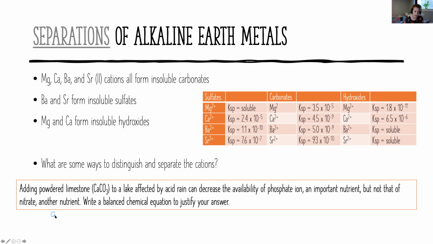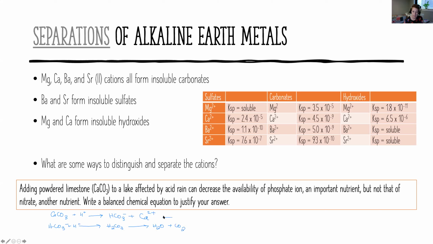So if I have CaCO3 and I have some sort of acid in solution, then what I'm going to form is HCO3 minus and calcium 2 plus, and then this HCO3 minus is going to react with another H plus to form H2CO3, which then breaks up into water and CO2.